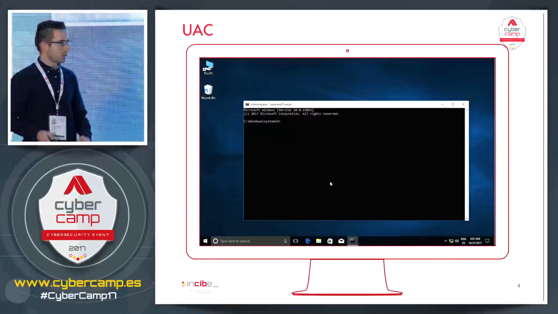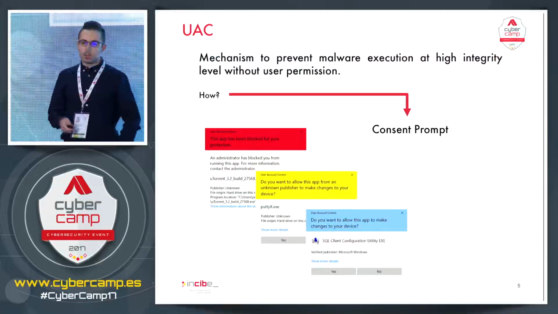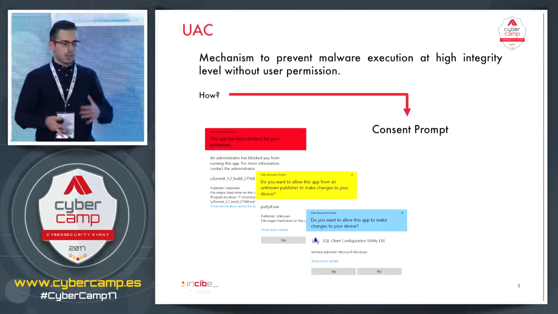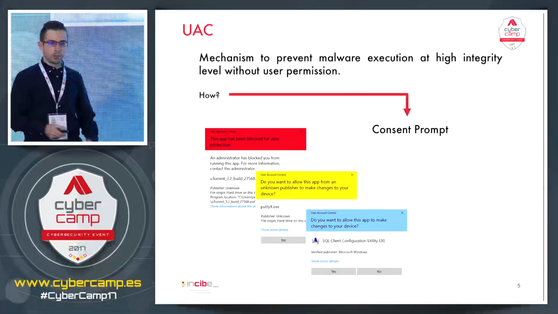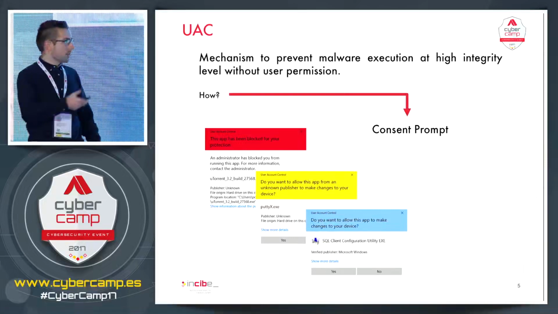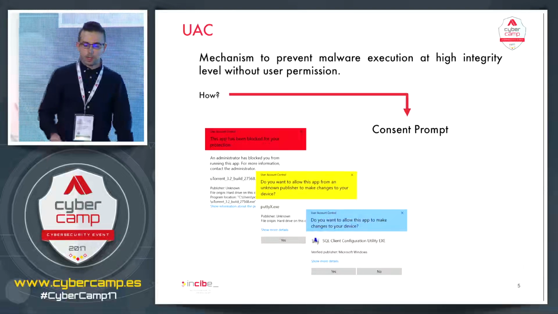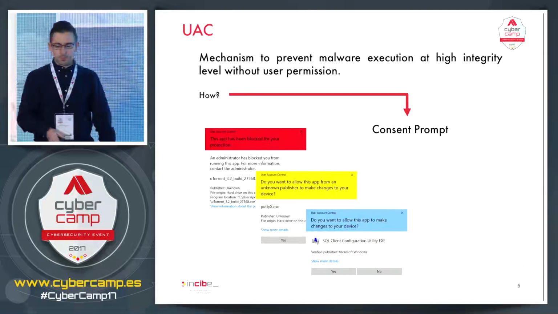This is the user account control, and this is how it basically works. It is a mechanism to prevent malware execution in Windows environments without user permission. And it is done through the so-called consent prompt.